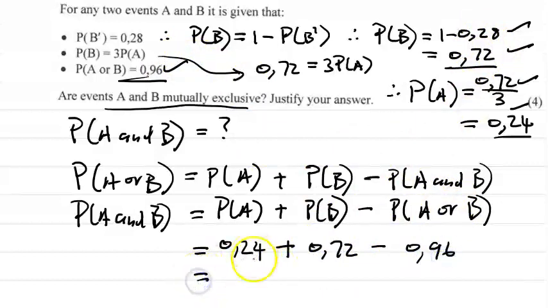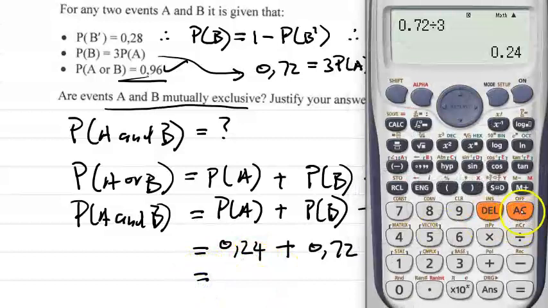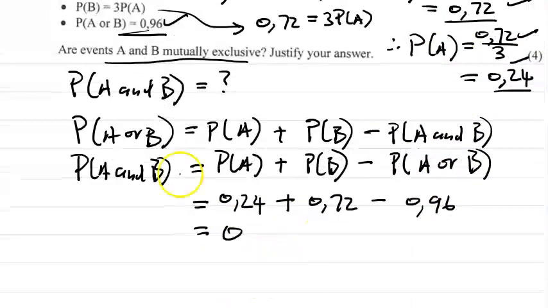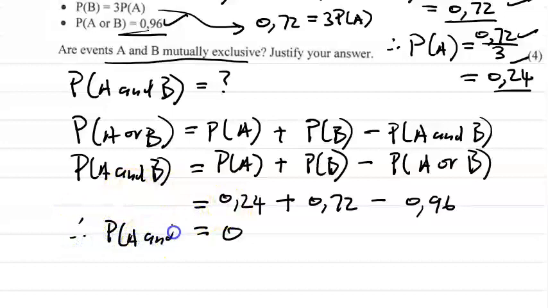So as you can see, 0.24 plus 0.72 minus 0.96, and quite obviously the answer is 0. So therefore we've now shown that the probability of A and B is equal to 0.